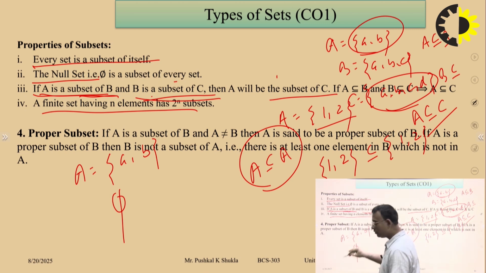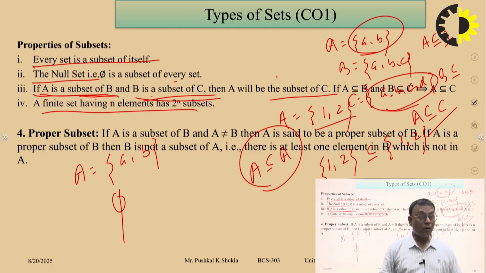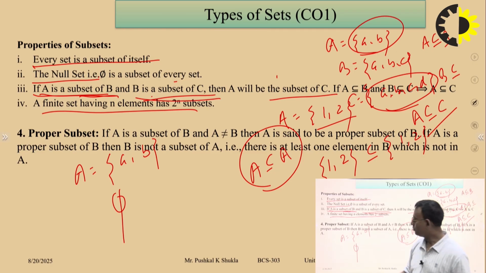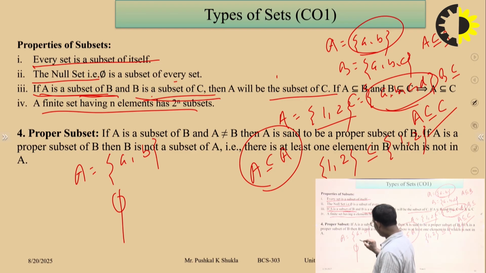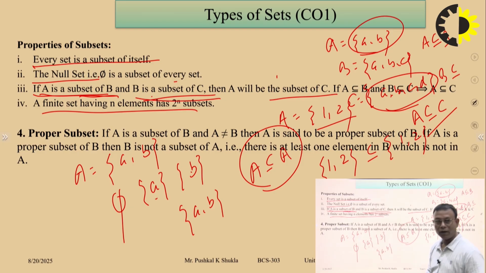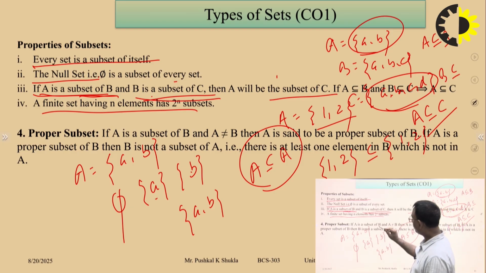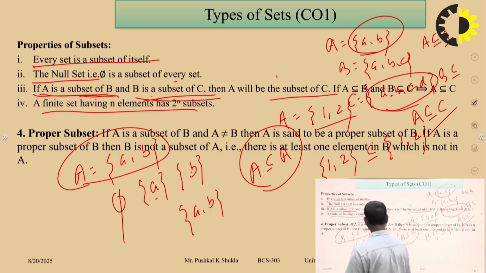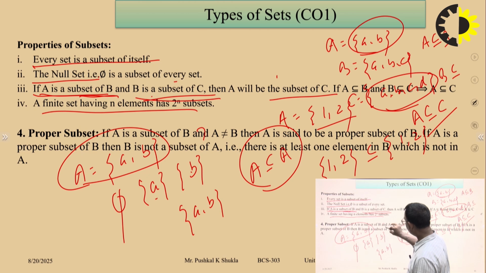Phi means out of two elements we are picking nothing, no elements. Then picking one element, it will be {a} and {b}, and picking two elements, that is {a, b}. So 1, 2, 3 and 4 subsets are there of this set A equal to {a, b}. So 2 to the power 2, that is 4 subsets are there.